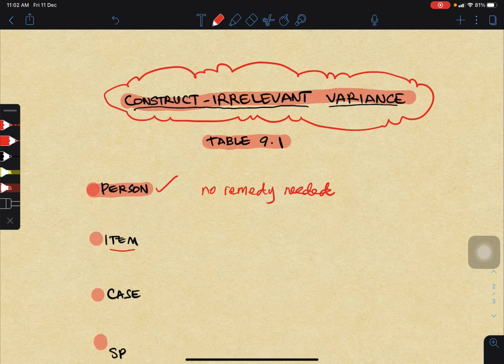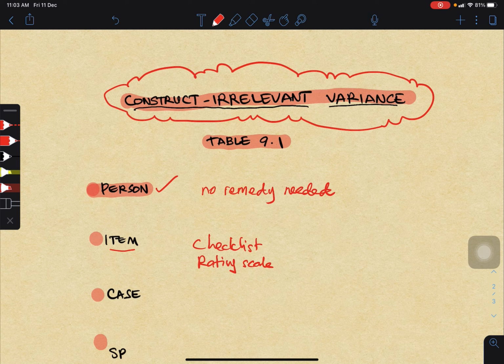The other source is the item. Item here in OSCE means the station. So it can be from the checklist or the rating scale that is used by the raters in each of the stations.